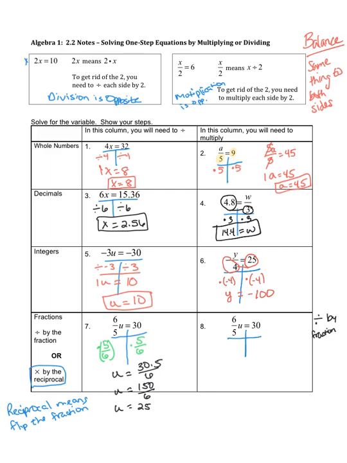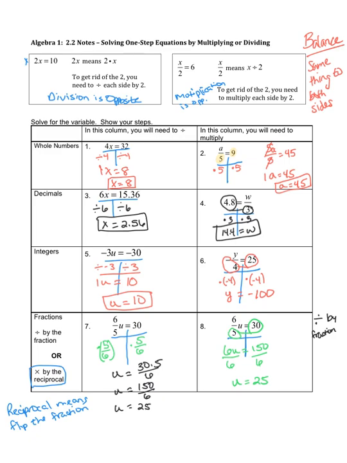Okay, here we're going to take the 5, multiply it by the 30, just like we did up there, problem number 6. So we end up with 6u equals 150. Now see, this makes it a 2-step problem, but you can do it this way if you want. Divide both sides by 6, u still equals 25.